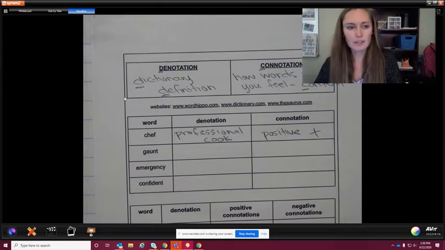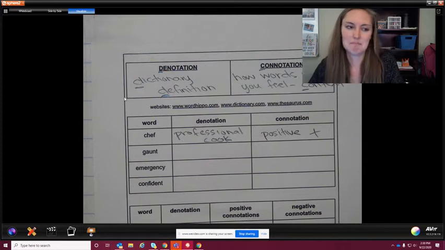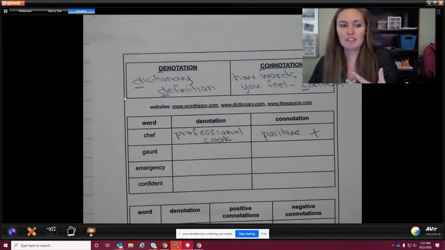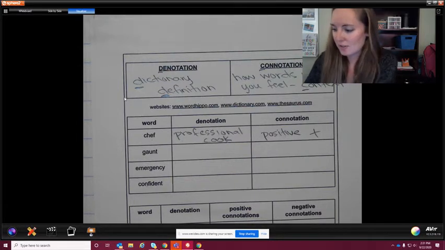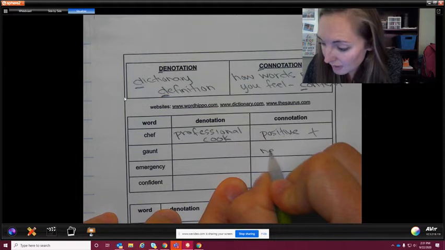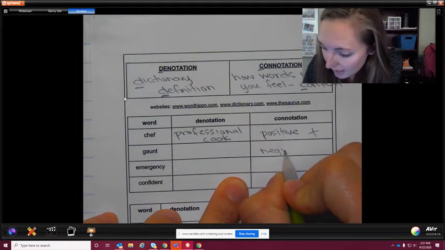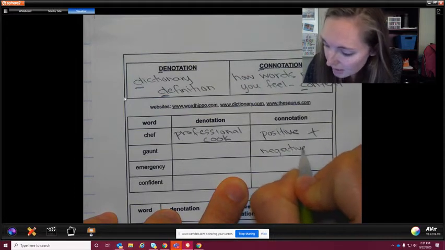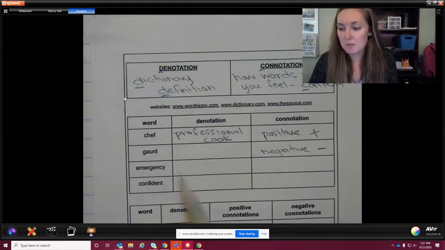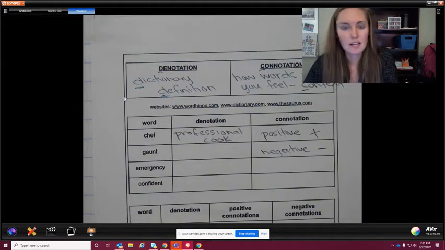Okay, gaunt. You may not even know what that word means, but think about that feeling, just the word gaunt. It comes off with a negative feel. So I'm going to put negative over here, and put a negative sign. And I'm going to tell you what that word means.